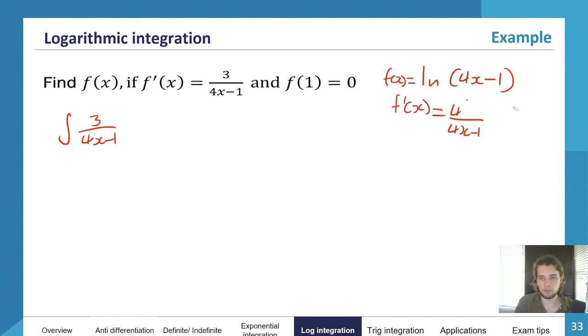So I'm going to assume that there was actually a coefficient of 3 over 4 there, so that the 3 ends up on top.